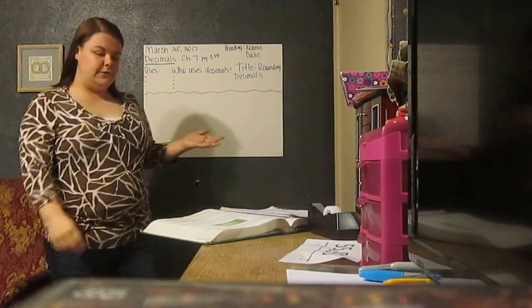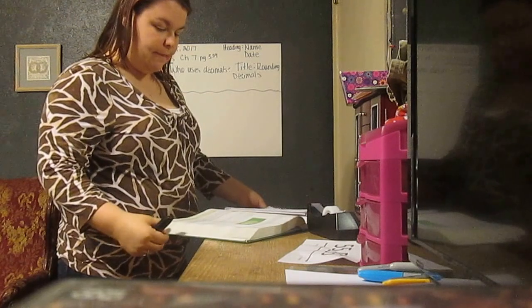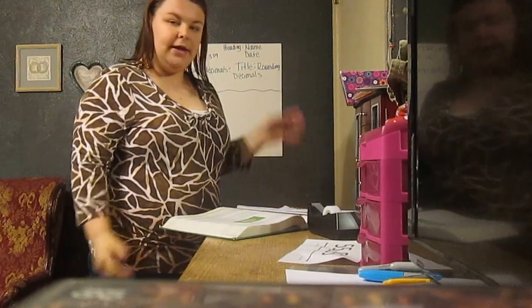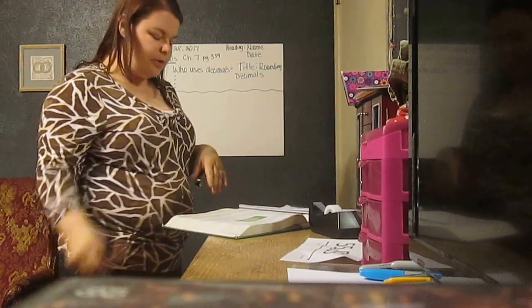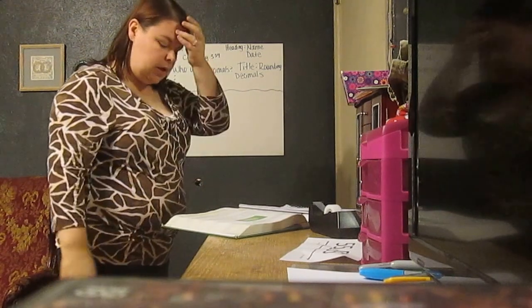Our math lesson for today is over decimals and real numbers. Turn to page 339 of your textbook, and at the bottom of the page we have the definition of what a decimal is.